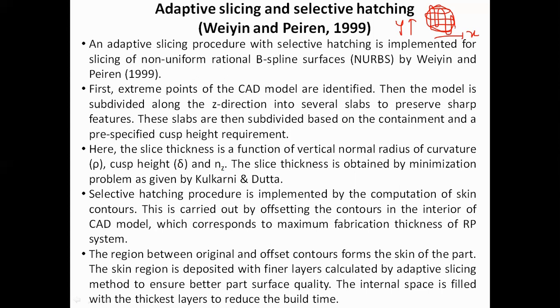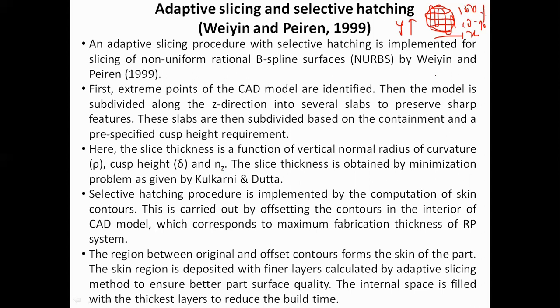As I explained earlier in class also, the surface quality or strength of the part became better, shrinkage became lesser, and build time also reduced, because now you are not filling 100%. You end up filling only around 60 to 70%. Since you are only filling 60 to 70%, even on the thickest layers, the time for internal filling was reduced.